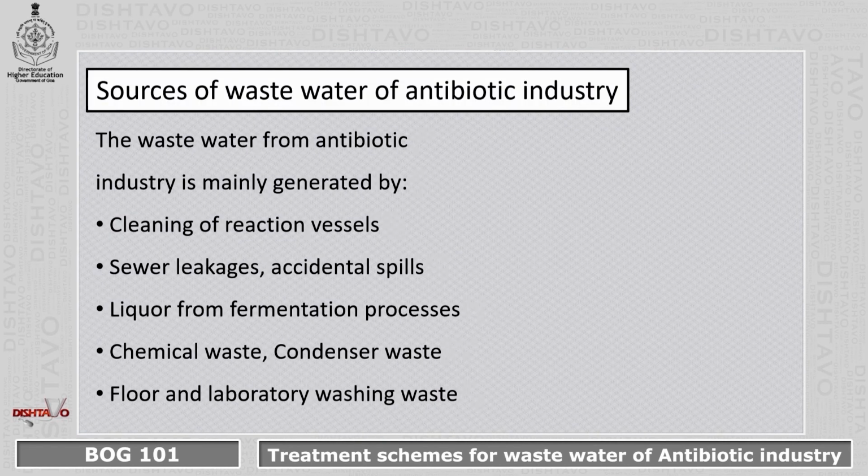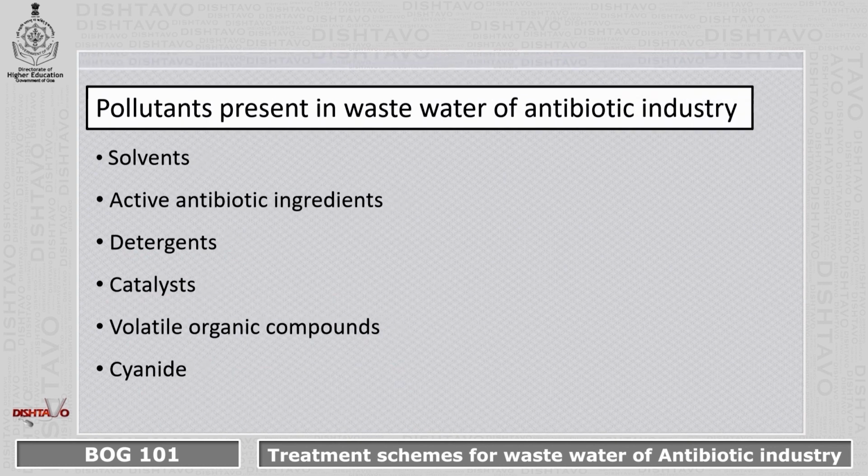Now let us learn about the sources of wastewater of antibiotic industry. The wastewater from antibiotic industry is generated by cleaning of reaction vessels, leakages, accidental spills, chemical waste, condenser waste, and floor and laboratory washing waste. Now let us see which pollutants are present in the wastewater of antibiotic industry.